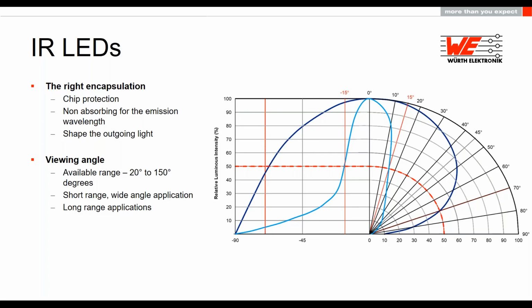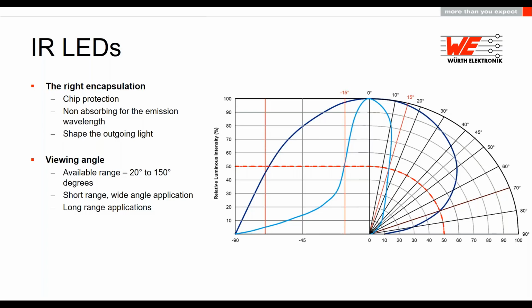The viewing angle is given by the right encapsulation. You will find in our portfolio a lot of different lenses or encapsulations, with flat lens or radial lens, that give a different viewing angle.